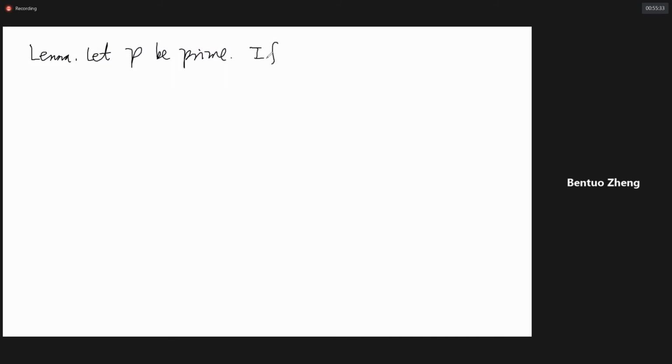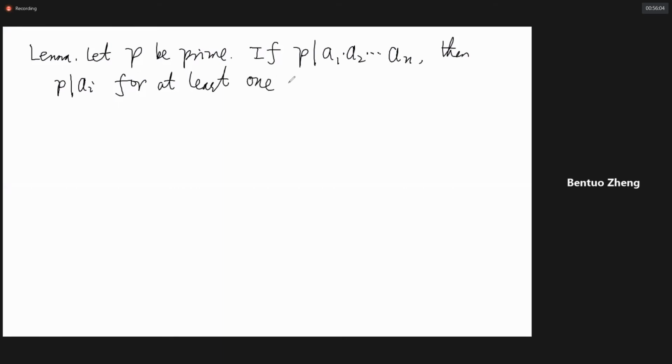If P divides A1 times A2 times ... times An, then P divides Ai for at least one i in the set {1, 2, ..., n}.